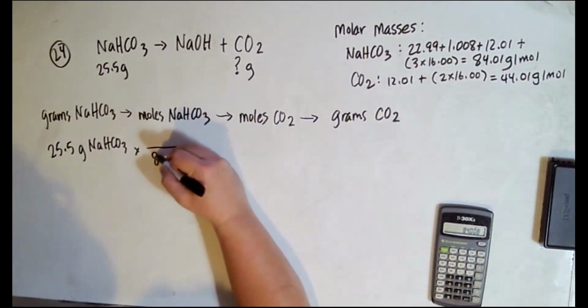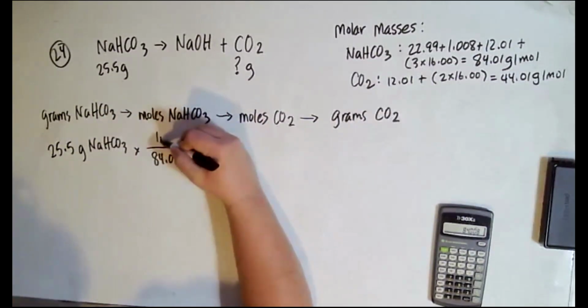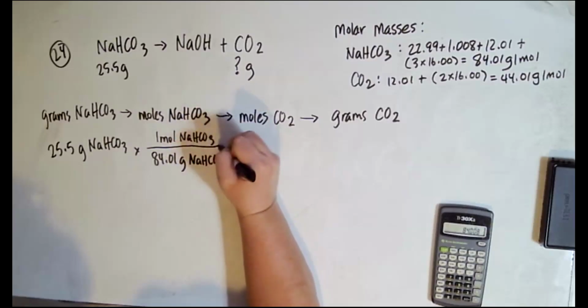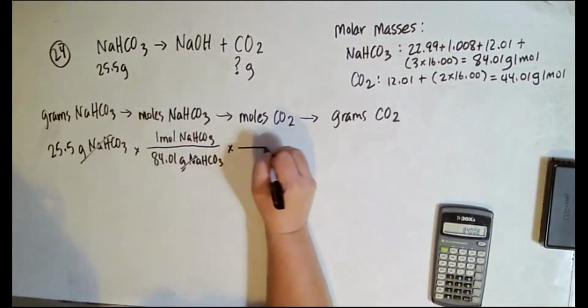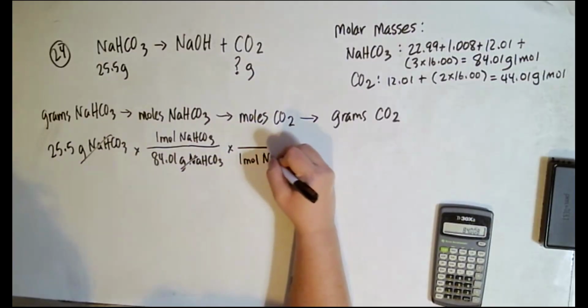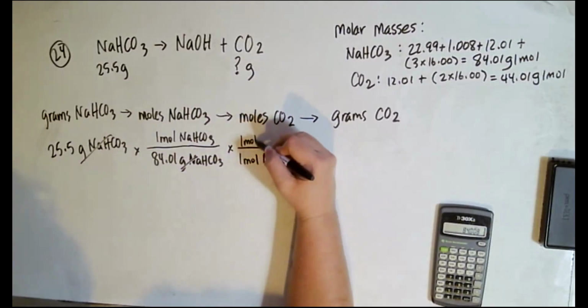We see from our molar mass that there's 84.01 grams in 1 mole of our sodium hydrogen carbonate. We see from our balanced equation that for every 1 mole of the sodium hydrogen carbonate, there's 1 mole of CO2.